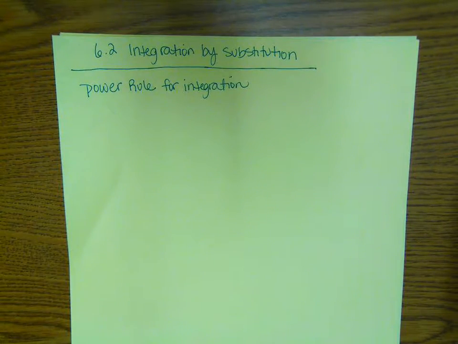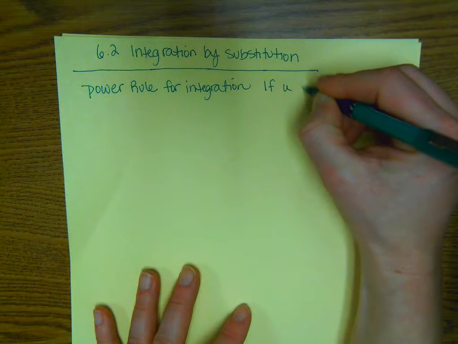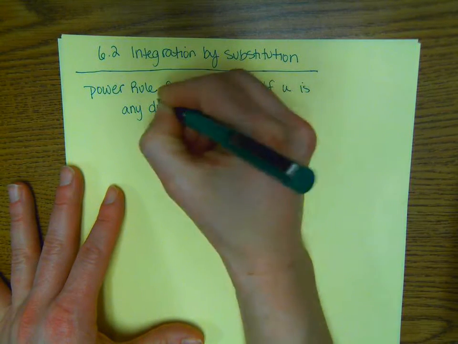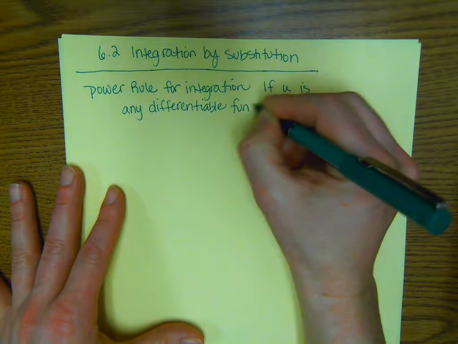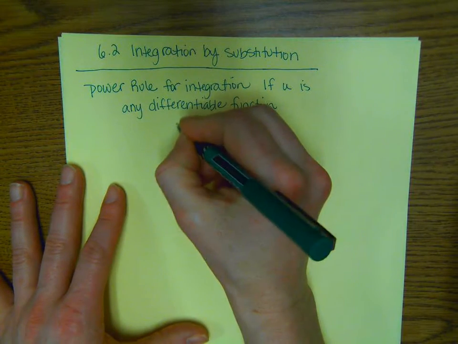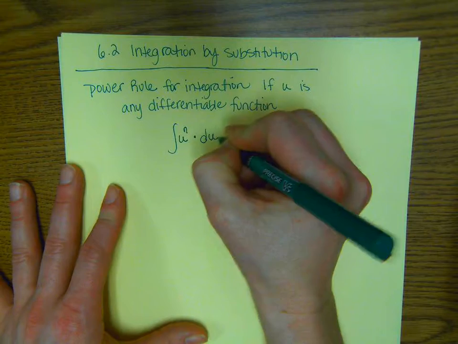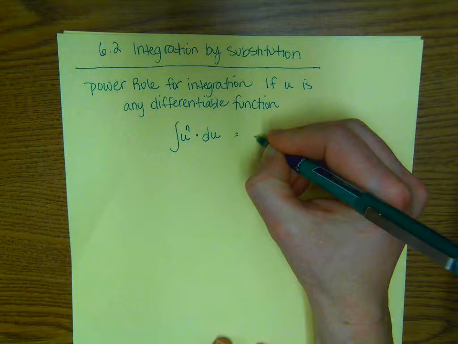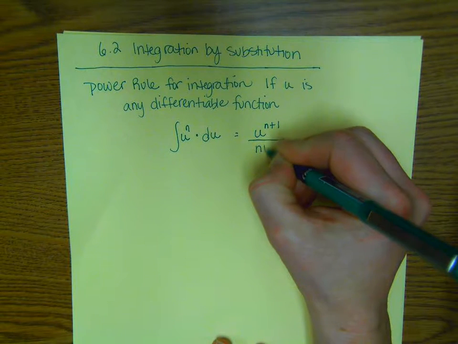So in general, if u is any differentiable function, then the way we would integrate u to the n, as long as we saw a du in there, would be u to the n plus 1 divided by n plus 1 plus c.